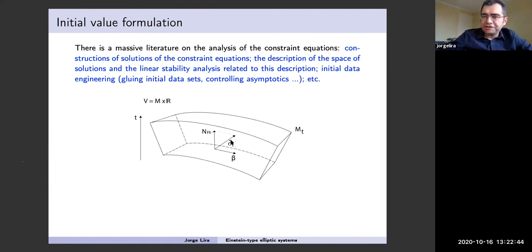If you collect the information from beta and N, you can reconstruct the time-like direction and then evolve M in time. That's, broadly speaking, the idea. So there is a plethora of results and different new perspectives opened up by the Choquet-Bruhat theorem. We have a very huge, massive literature on this subject.